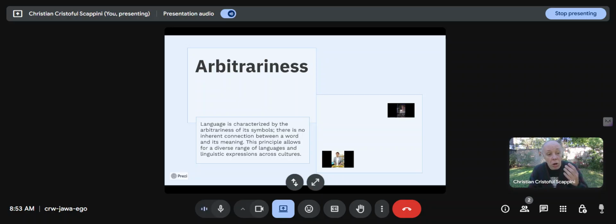So the object house and the name house are not connected. The relationship between the object and the name is arbitrary.